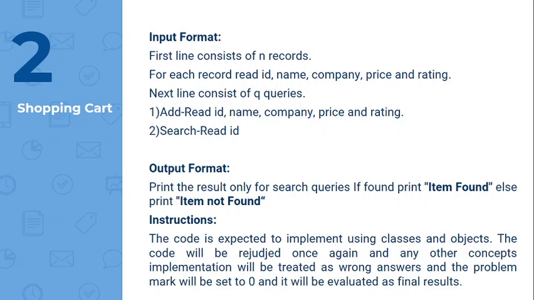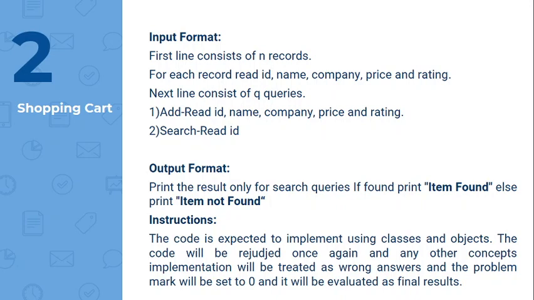If the query contains search, then you have to read the ID and perform the search operation. And the output format: if the item is found, you have to print item found, else you have to print item not found. Again an instruction: this should be implemented using classes and object concept.